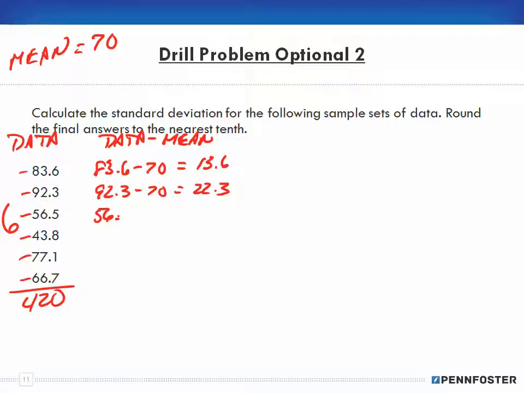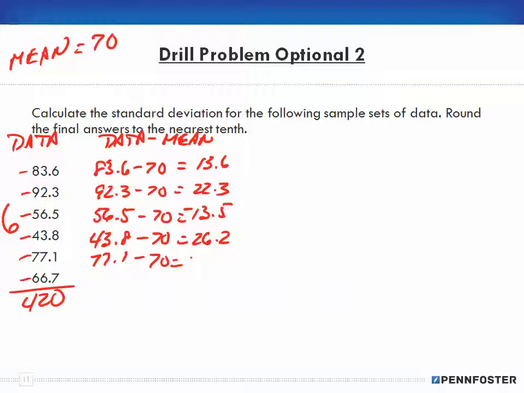I take 56.5 minus the 70, and that gives me a minus 13.5. I take 43.8, subtract 70, and that gives me a minus 26.2.